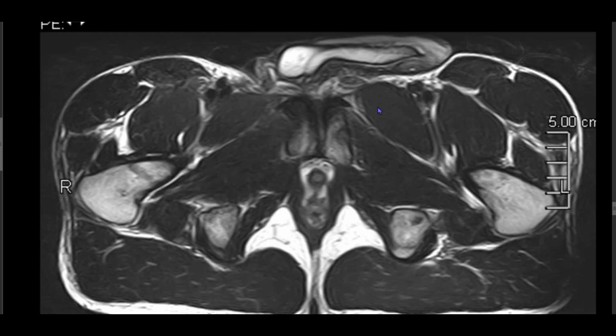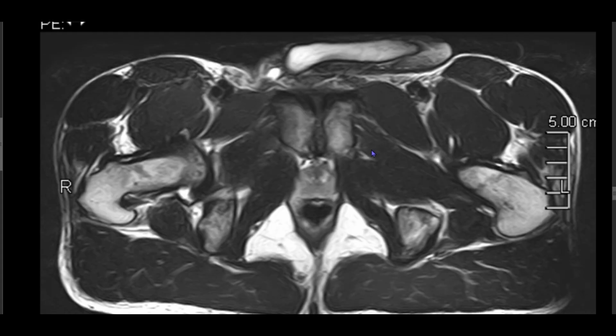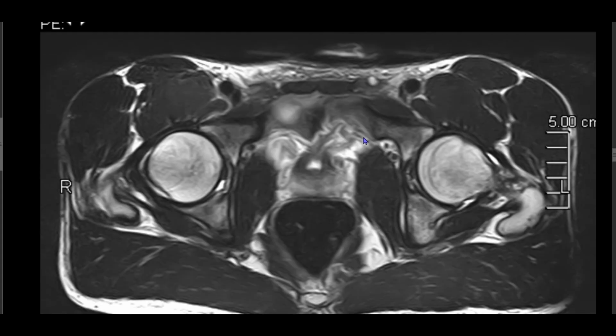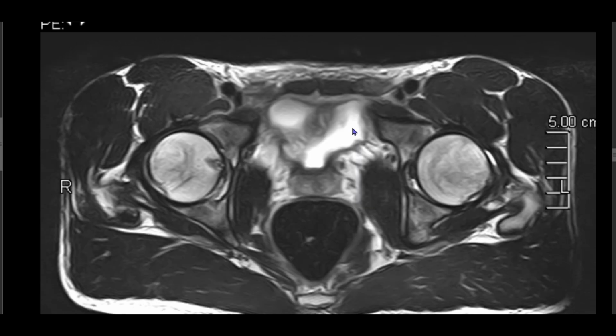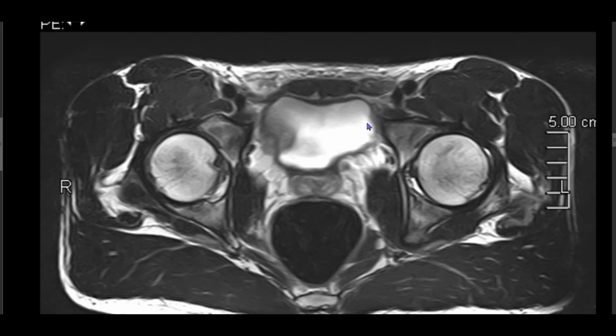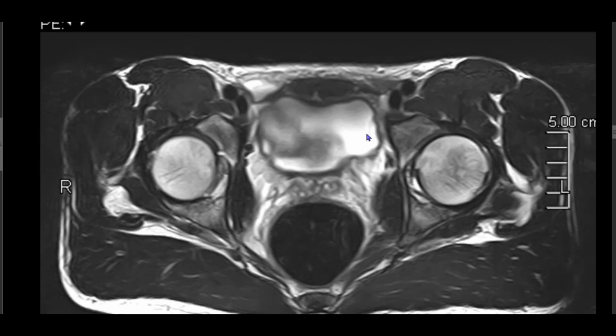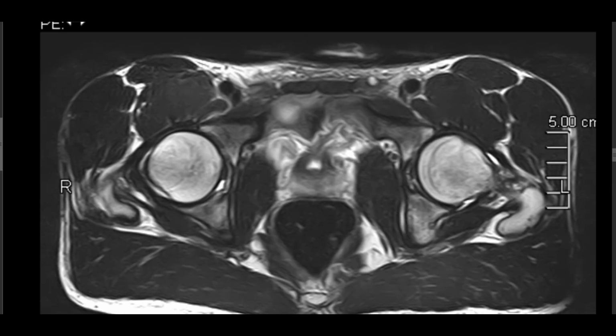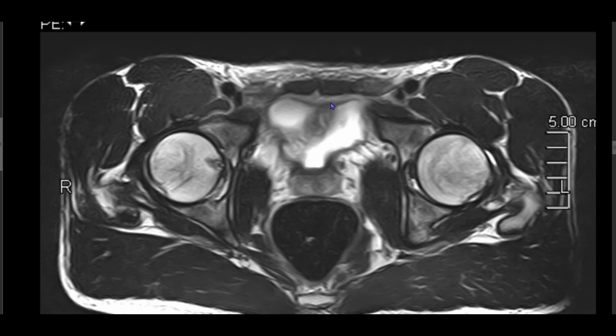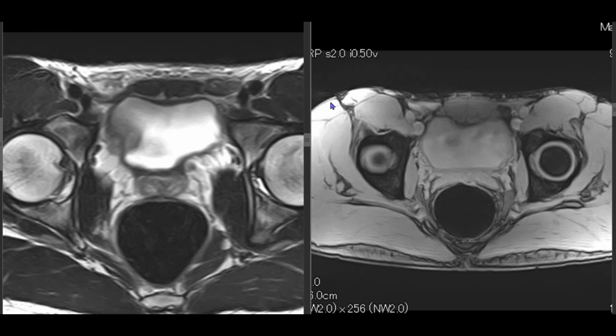This is the right-sided spermatic cord, and here we see that the posterior wall appears slightly swollen, slightly thickened. However, it's not entirely torn. So the injury appears to be mainly in the region of the anterior inguinal wall. This is the scan which we comment on based on the T2.